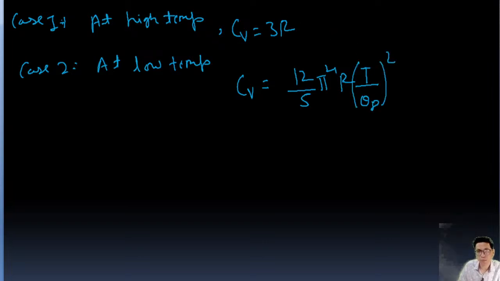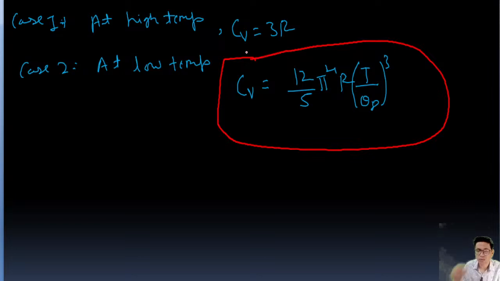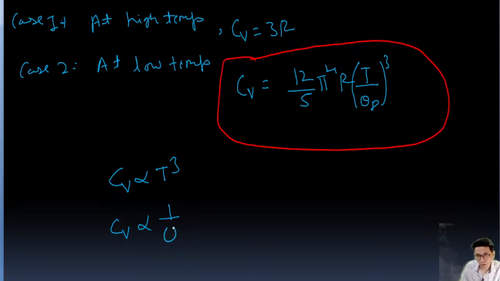This is very important, at low temperature, guys. So the Cv value is 12 upon 5 pi to the power 4 R into T upon theta D whole cube. From here you can see Cv is proportional to T cube, and Cv is also proportional to 1 upon theta D cube.